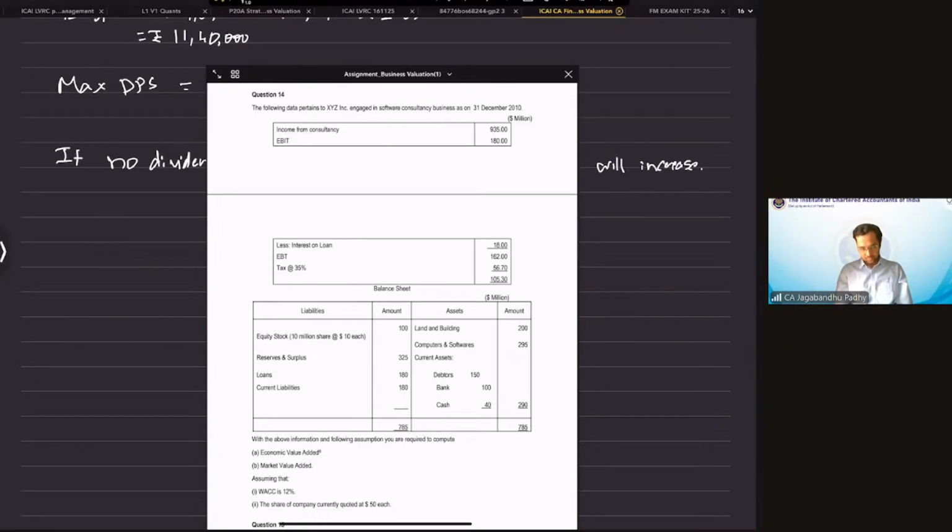So forget about market value added. Can we calculate the EVA? We can calculate the economic value added at least now. Give it a try. Give me the economic value added number directly.